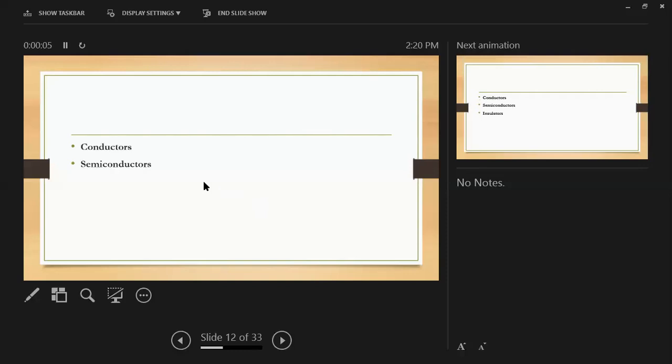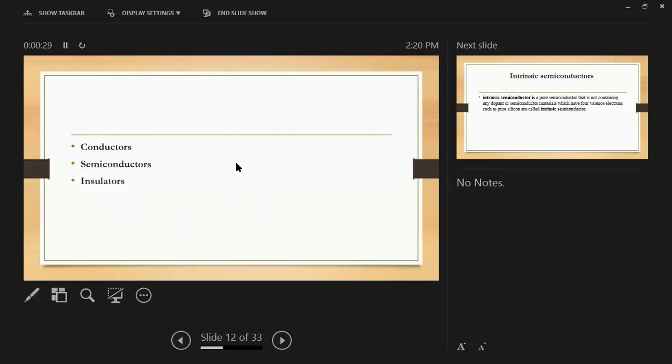That's why they are not as good conductors as conductors. Insulators, on the other hand, are materials which do not allow any electricity or heat to pass through them, like glass or wood. For semiconductors, you can say germanium and silicon. For conductors, we can say metals. Most metals are conductors.